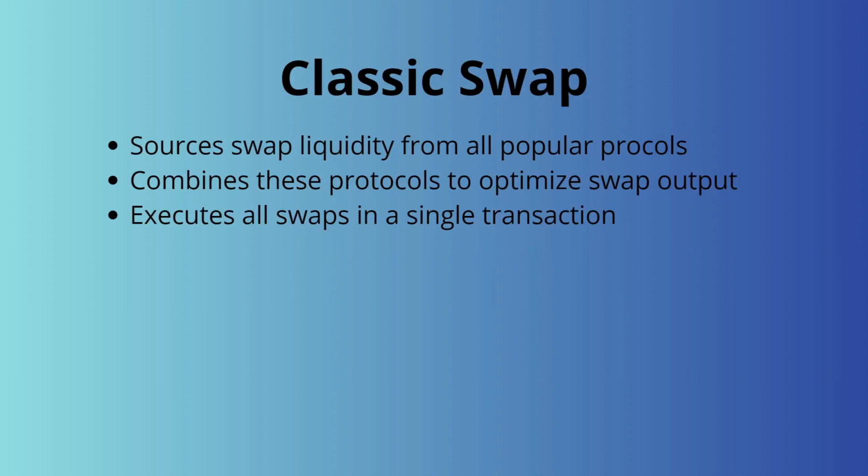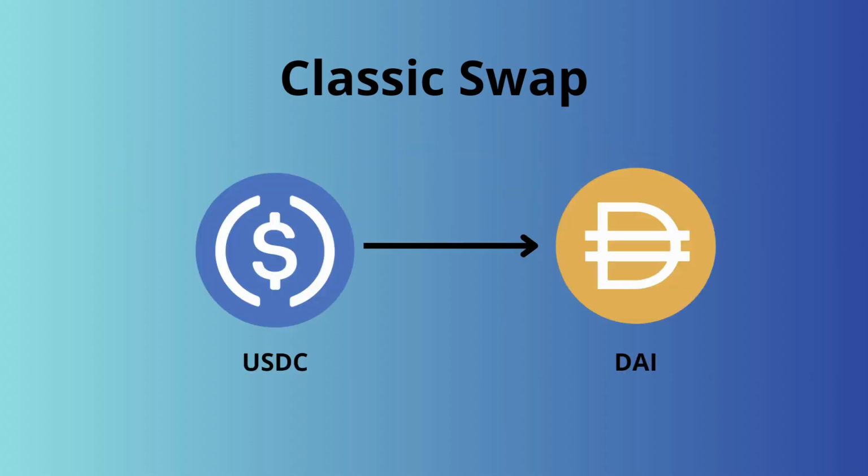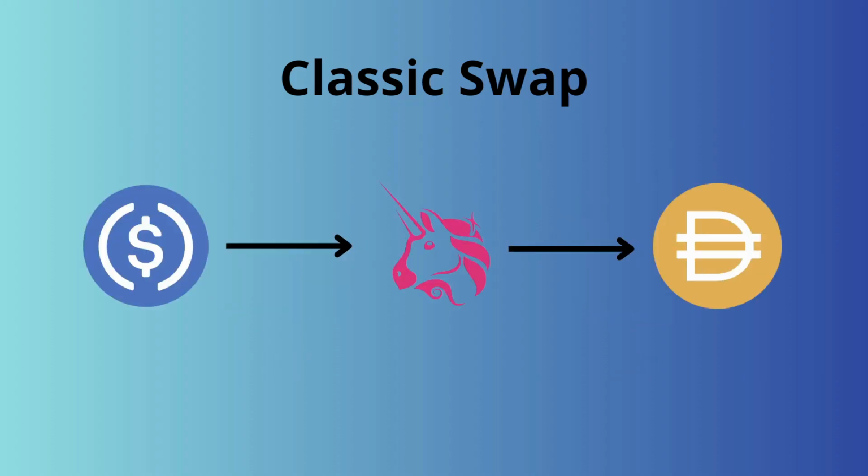The Classic Swap means that this system sources swap liquidity from all popular protocols, combines these protocols to optimize swap output, and executes all swaps in a single transaction. So, for example, let's say that the user wants to swap USDC into DAI. Without 1inch, they would most likely go directly to Uniswap to perform this type of swap.